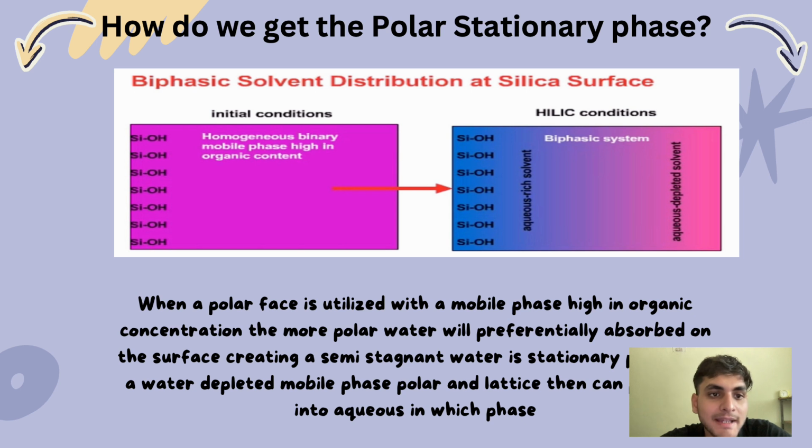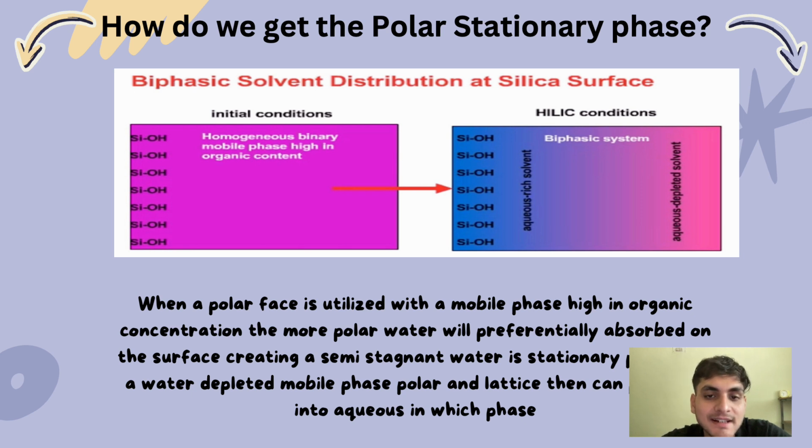there is this initial condition of a biphasic solvent at the silica interface. Initially, there is a homogeneous binary mobile phase high in organic content. It is well mixed and there is no separation between components.